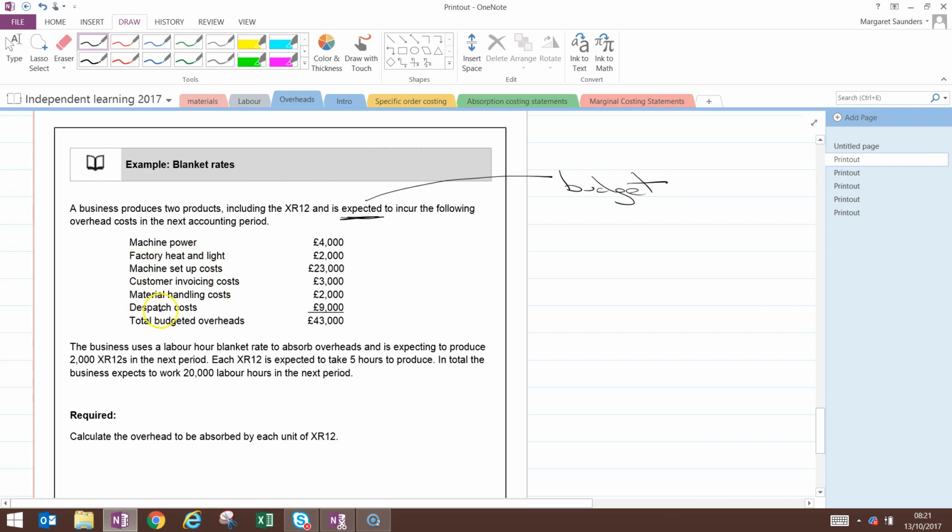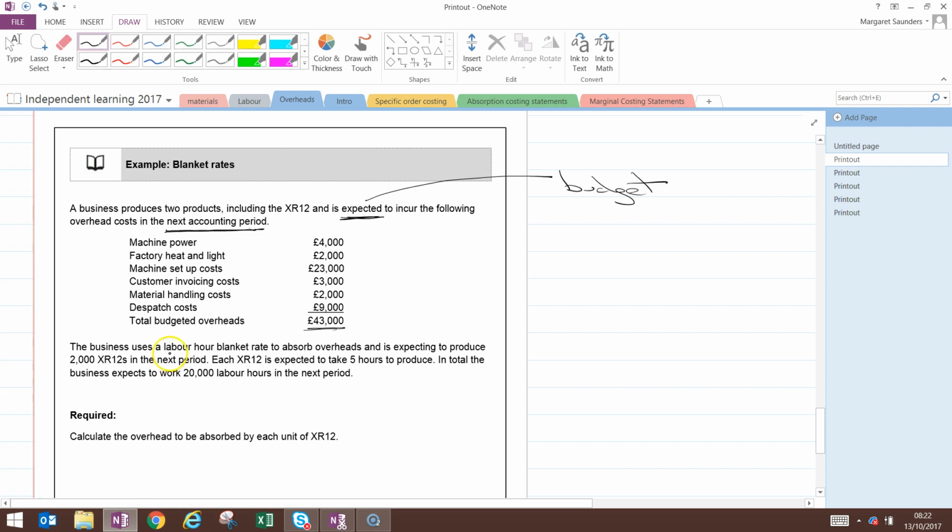So we've got a number of overhead costs here. Power, heat and light, setup costs, invoicing costs, dispatch costs, a total of £43,000 in overheads. This is in the next accounting period. So again, that tells us it's a budgeted figure because it's what's going to happen in the future.